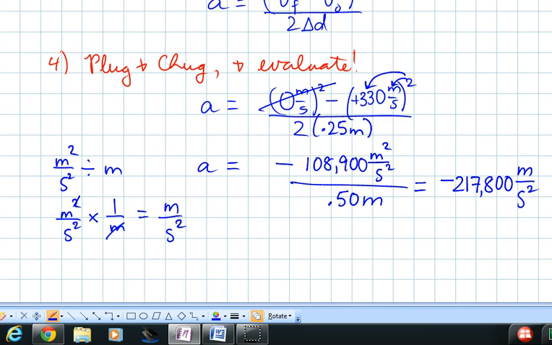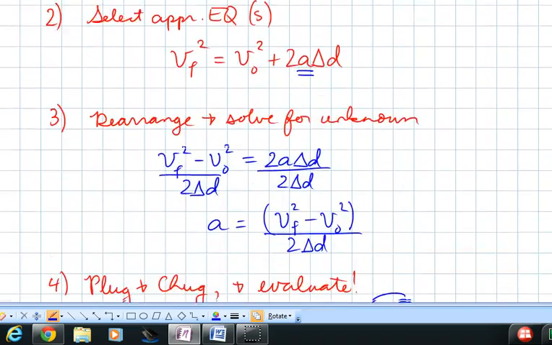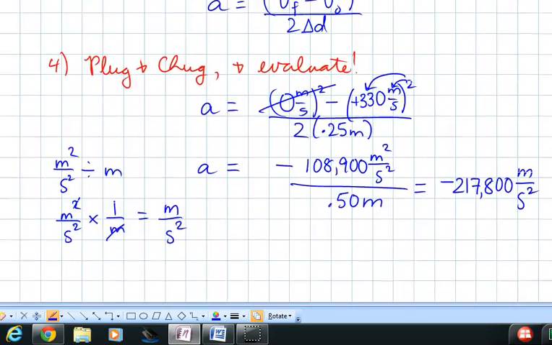Okay, so this is our answer, but now we're going to evaluate, and I think part of evaluating is applying sig figs to this. So let's go back and look at what we have. We're given V initial, which is 2 sig figs. Looks like distance is given to 2 sig figs. V final of 0 doesn't really count.